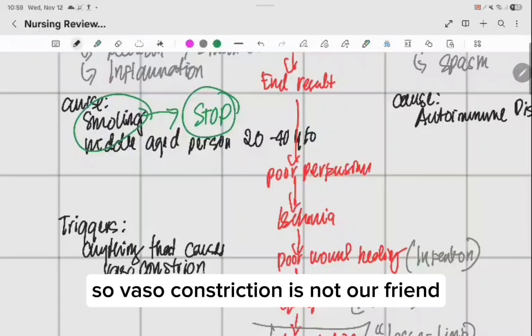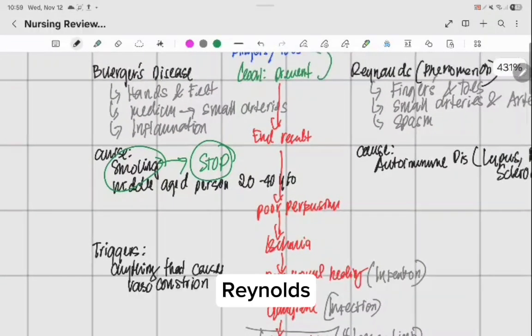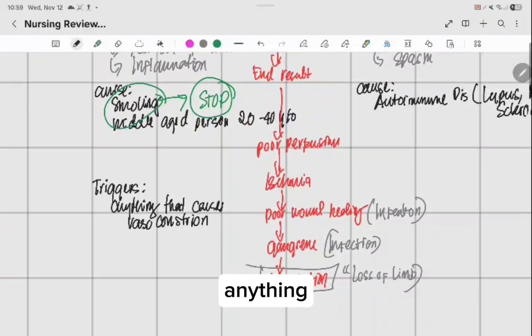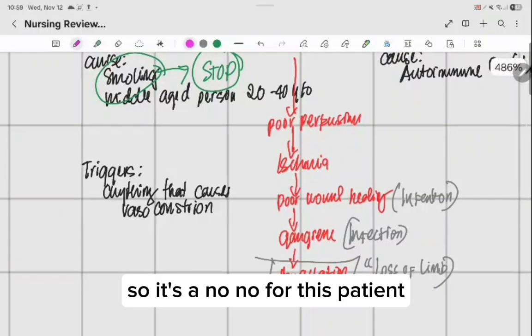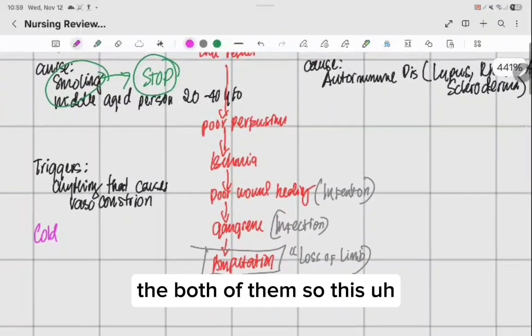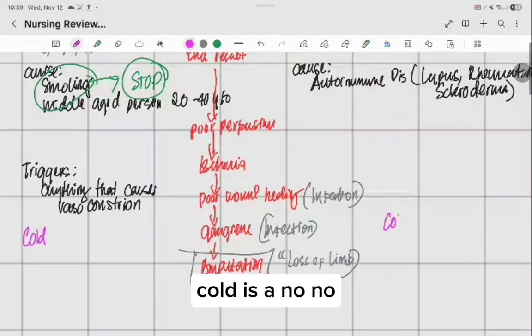Vasoconstriction is not our friend when it comes to Buerger's and Raynaud's. So anything cold is a no-no for this patient. Same for both of them. So cold is a no-no.